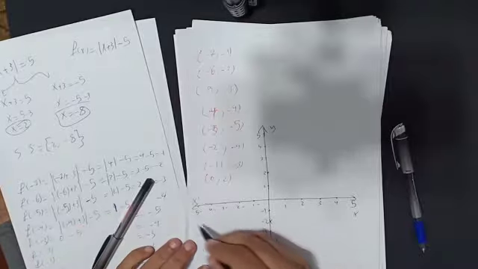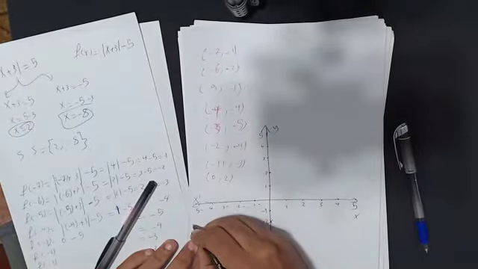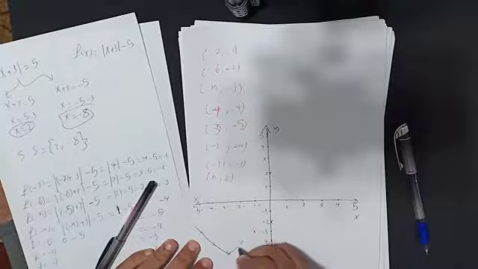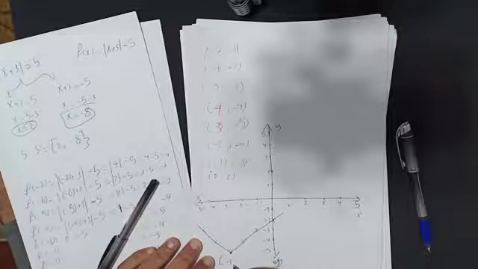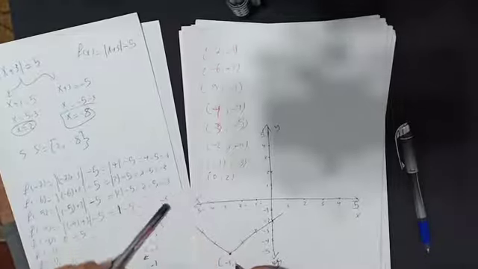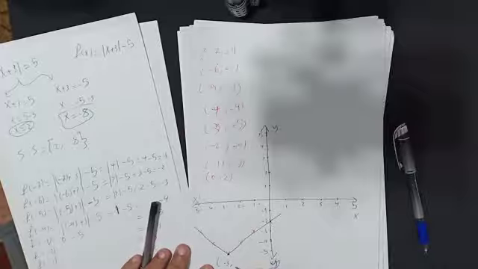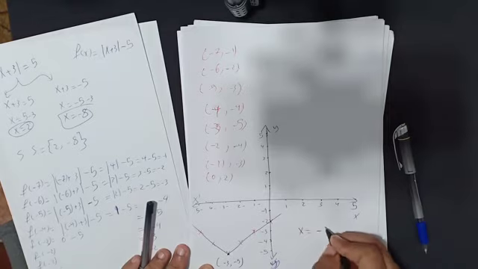We can put these points on the graph and then draw the straight lines, and the vertex will be here at the point negative 3 and negative 5. Therefore, the axis of symmetry is x equals negative 3.